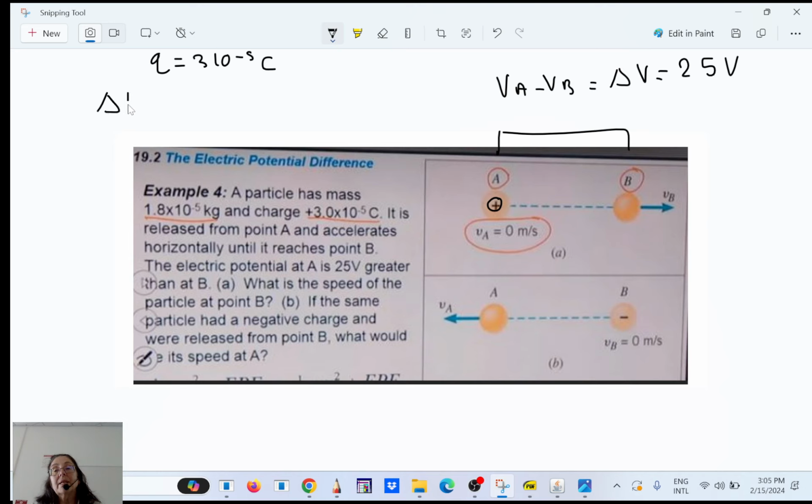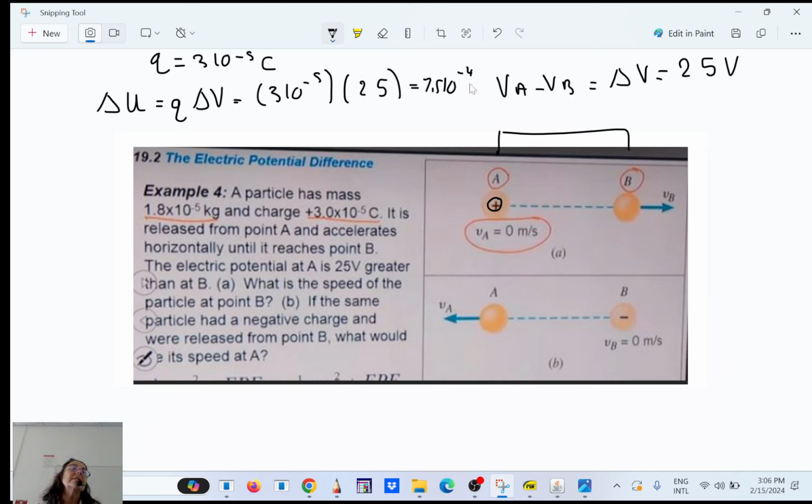So your potential energy will be, by definition, Q delta V. So it has potential energy and it wants to go to a lower level of energy. Voltage is like height: you want to go from high up down there. So Q delta V is going to be what? Times 25, right?